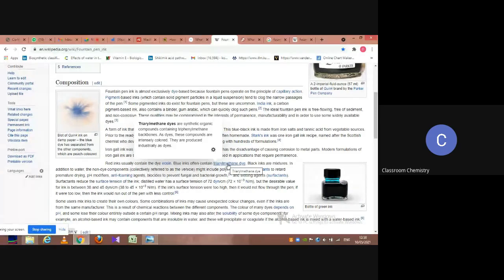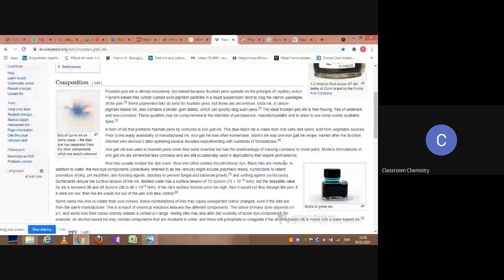Okay, जर black ink पाहिजे असेल, so black inks are mixtures in addition to water and non-dye components. Okay, these other components may include polymeric resin to retain the premature dyeing, pH modifiers or anti-foaming agents, biocides to prevent fungal and bacterial growth.